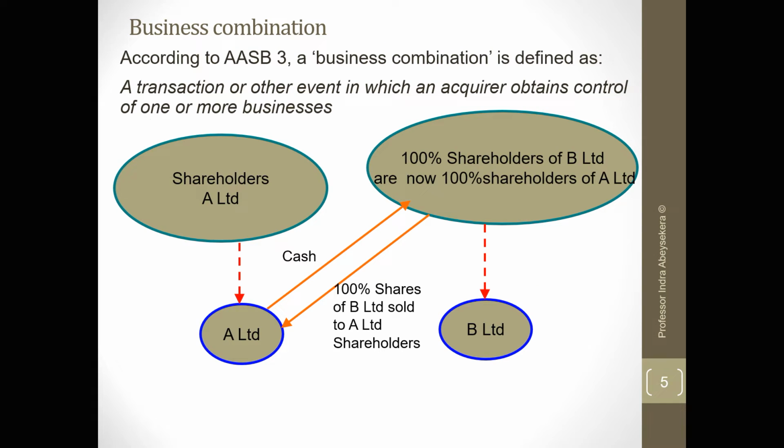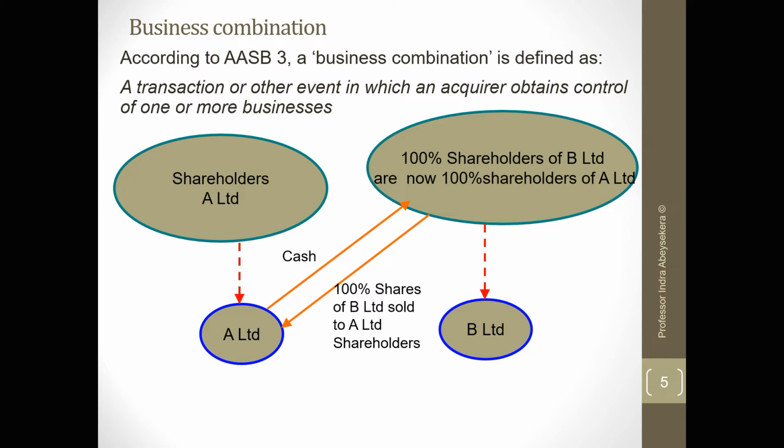So A Limited has shareholders, and on behalf of A Limited, it acquires the shares held by B Limited, or the owners of B Limited. It acquires the shares for cash. When that happens, the A Limited shareholders are represented in the B Limited company.